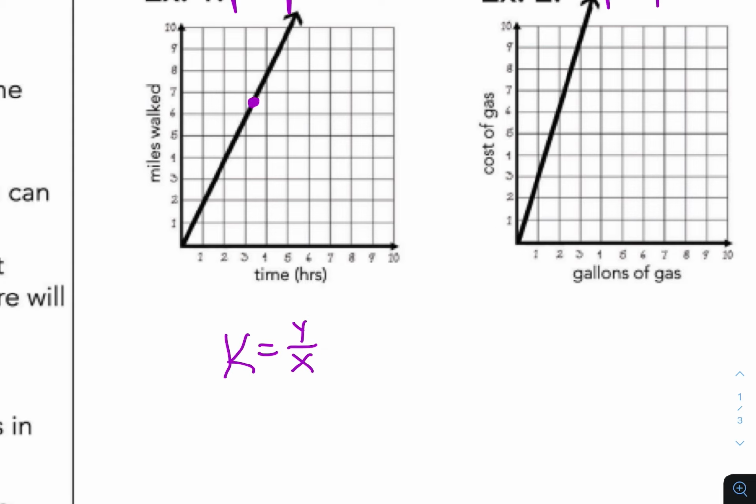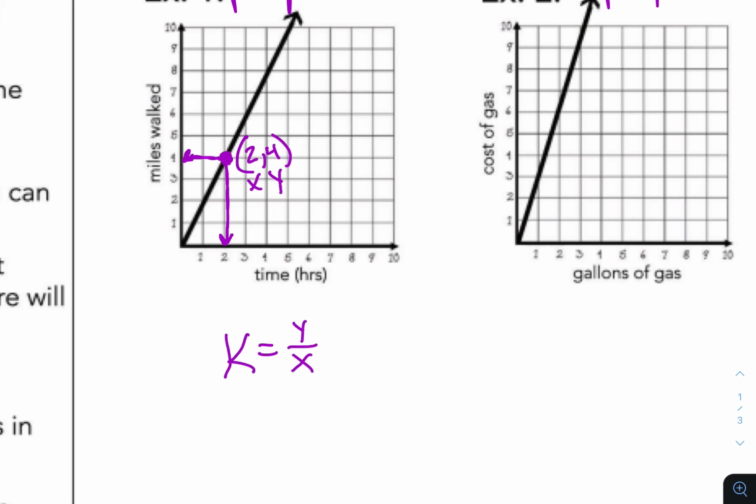This would not be a good point because it would be like 3.2, 6.5, no way to tell what that actually is. A good point would be something like this one. You can tell exactly that this would be the point 2, 4. We know this because 2 is the x value, and 4 is the y value at this point.